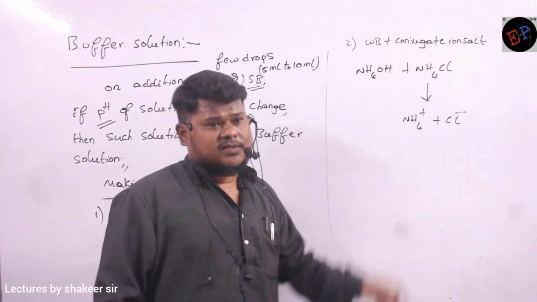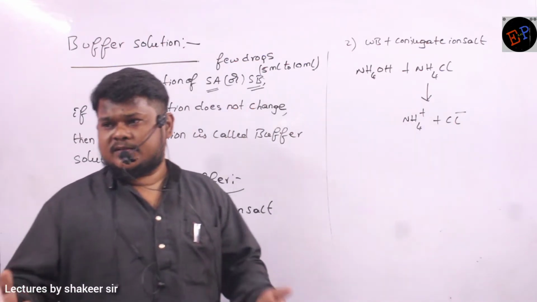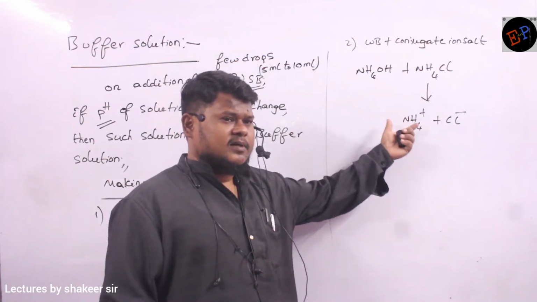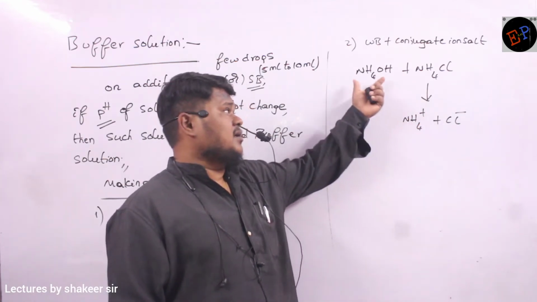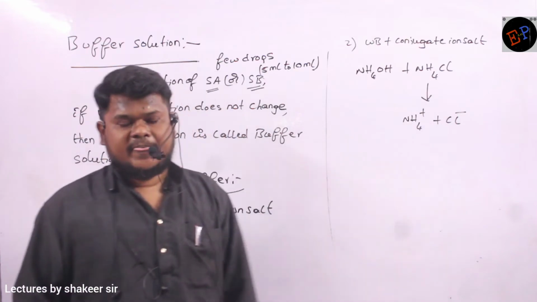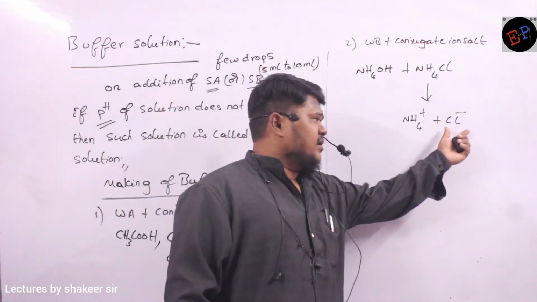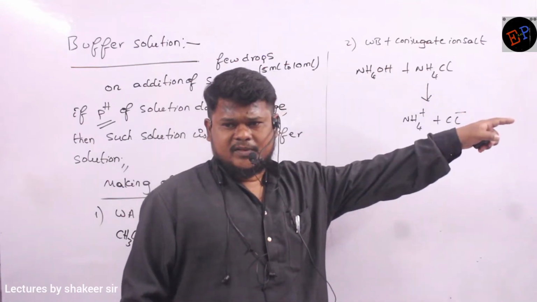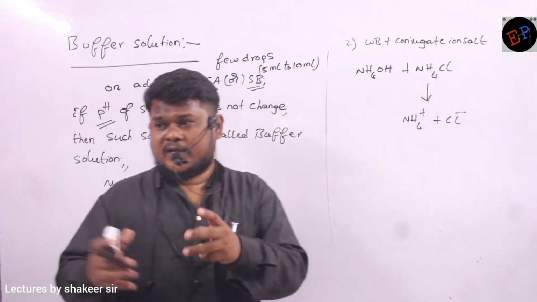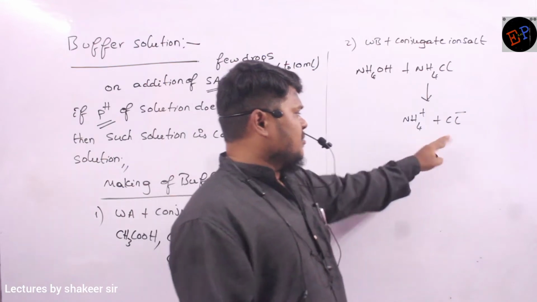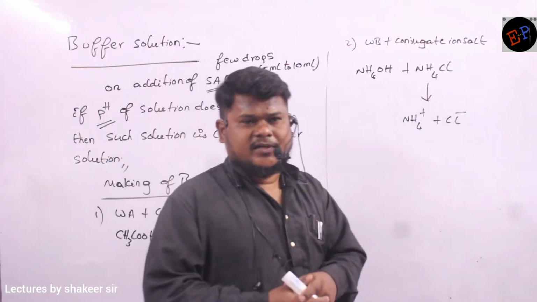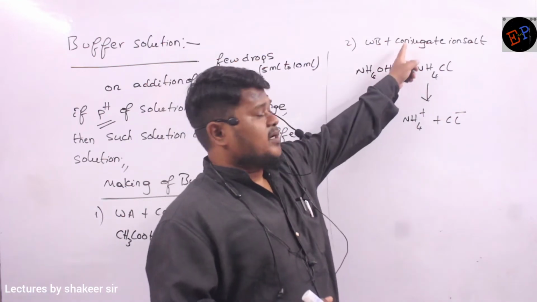One hydroxide ion is the difference. So definitely NH4 plus becomes the conjugate ion of this base. Now from where can I get this Cl minus? Cl minus is a component of HCl, which is a strong acid. So when these two combine together, definitely a salt will form. And what kind of salt is it? It is a conjugate ion salt.